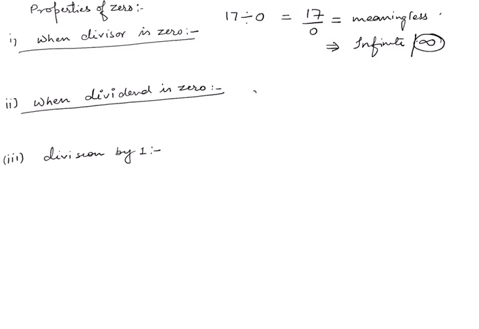Means if I am writing 0 divided by 2, 0 divided by 123, it means 0 upon 2, you will get answer 0. 0 upon 123 you will get 0. So when your dividend is 0 and the divisor is a non-zero number, the answer is always 0.